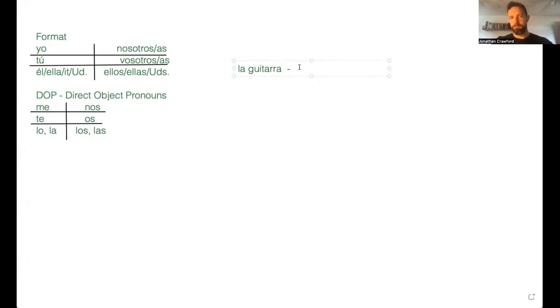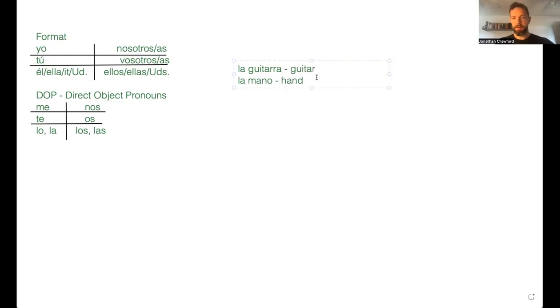Most of the nouns are really obvious. If it ends in an A, it's going to be la for the most part. But every now and then you have funny ones like la mano, which means hand. Guitarra means guitar.